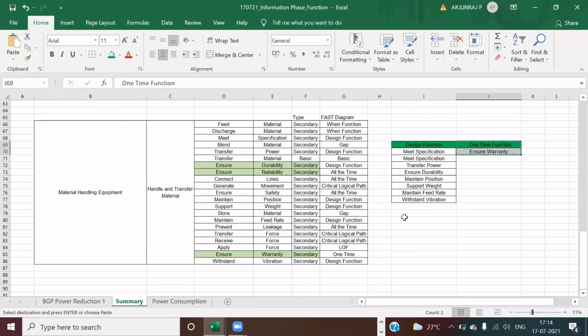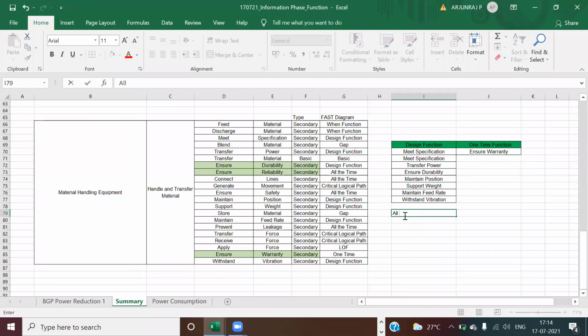So the last one is going to be the other time function. Prevent leakage. Ensure safety.